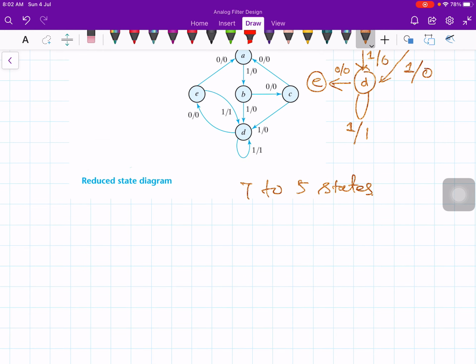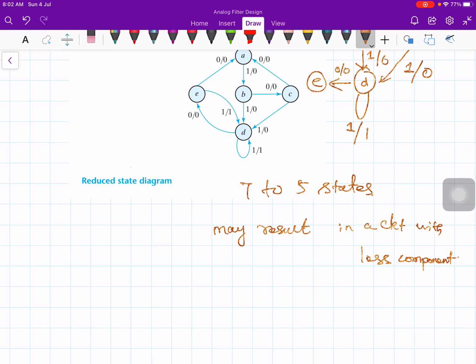In general, reducing the number of states in a state table may result in a circuit with less components.